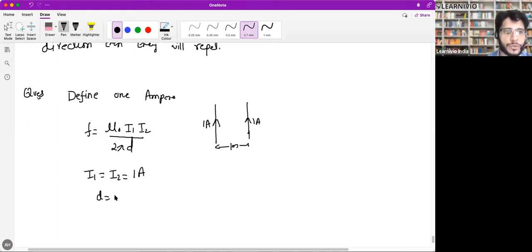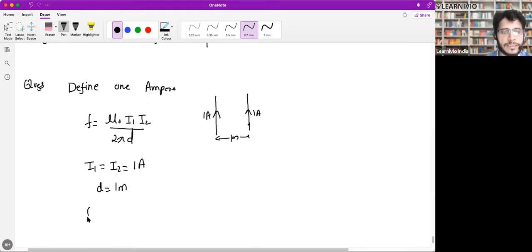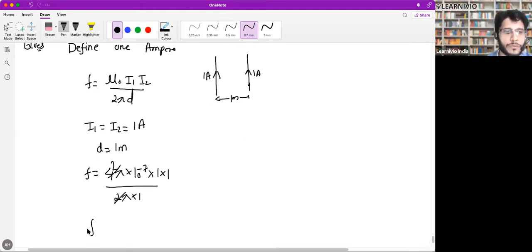That means your d is 1 meter. Then they will exert some force over each other. That force will be mu naught, which is 4 pi into 10 raised to the power minus 7, times I1 which is 1, I2 which is 1, over 2 pi into 1. The pi gets cancelled out. You will get force per unit length as 2 into 10 raised to the power minus 7 Newton per meter.